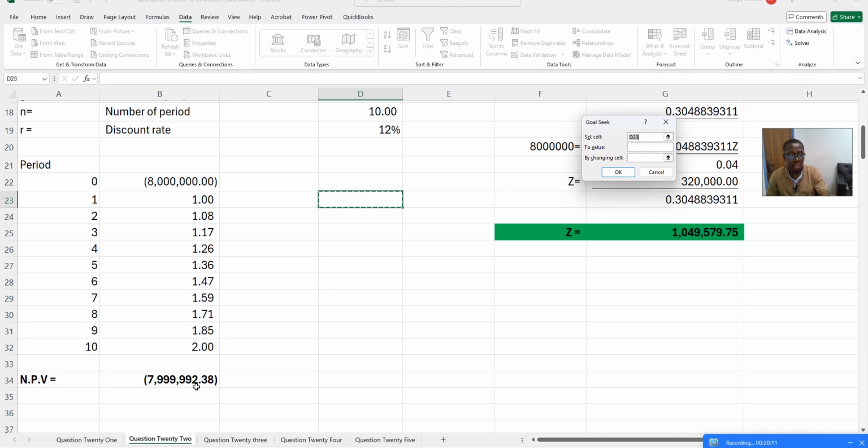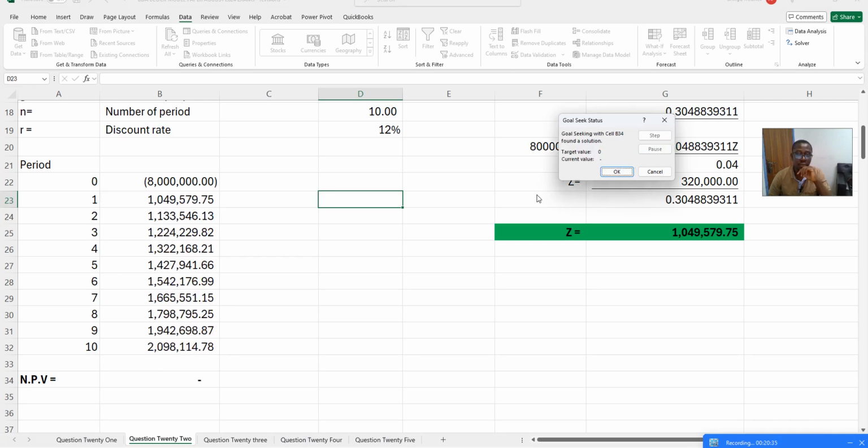So this is NPV. I want to have it to 0. By changing which cell? By changing the minimum investment which I'm doing in year 1, which is 1. So in that case, what will we be having? Look at this magic. Just do what? Okay.